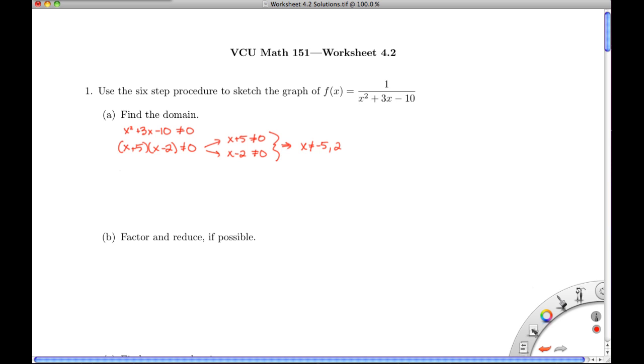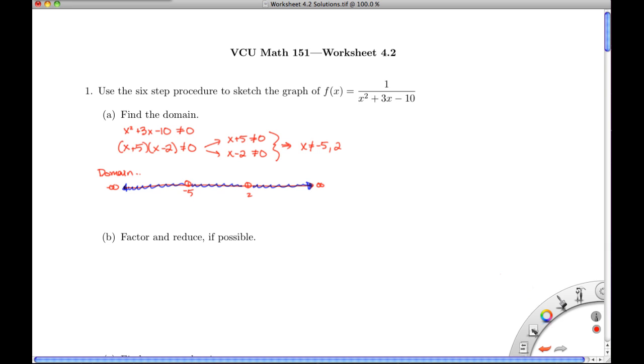So when it comes time to actually determining our domain, again, we can kind of visualize this first using a real number line that goes from -infinity to infinity, and we can first plot down the points that we don't want to include, -5 and 2. We'll put open circles there to show that we don't want to include them, and the members of our domain will be all of these points, just excluding -5 and 2.